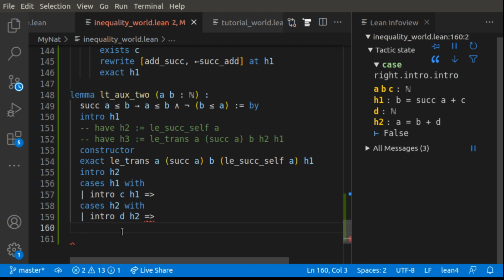So we have a equals b plus d, b equals successor of a plus c. Should we do cases on c and on d and then get into weird things? Maybe? Is there an easier way?